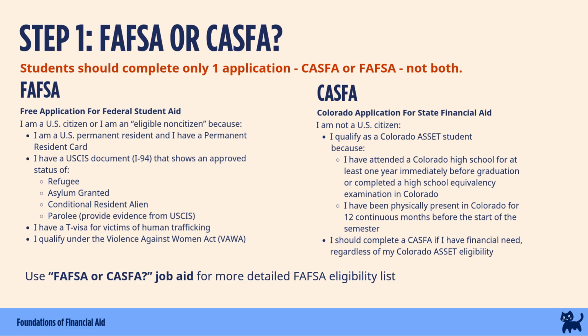If a student has a pending application for asylum or another form of an immigration status change, they will complete the CASFA, and they can always go back and apply for FAFSA once their status has been approved by USCIS.